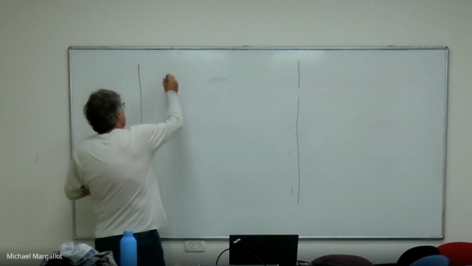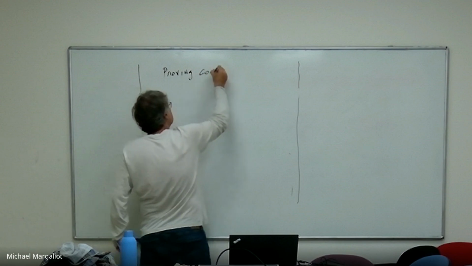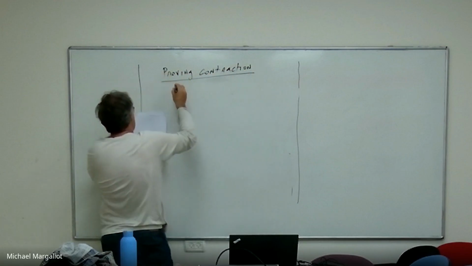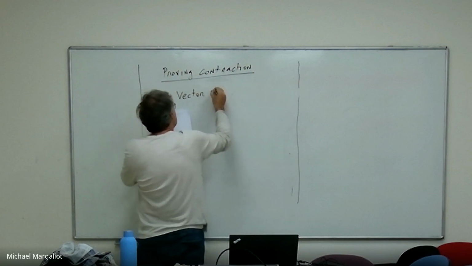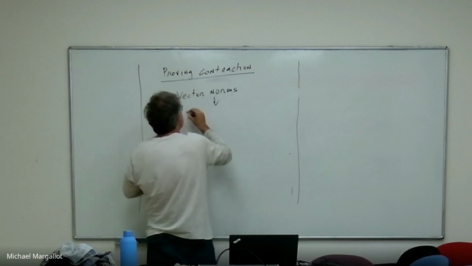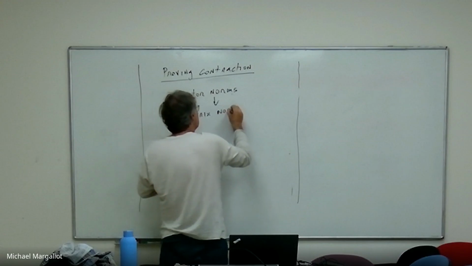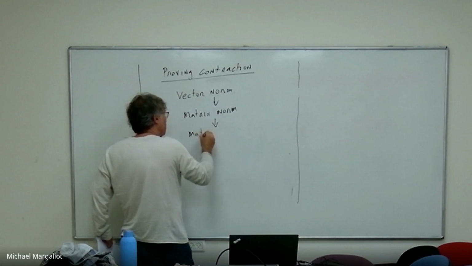So, proving contraction in a nonlinear system is based on vector norms that induce matrix norms, that induce something called a matrix measure.